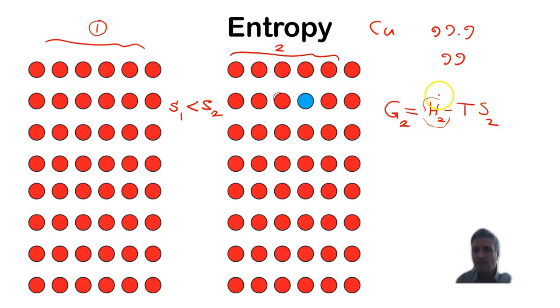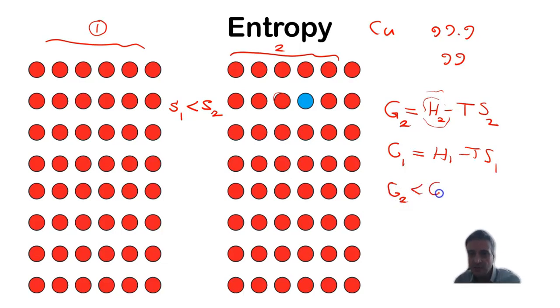But let's suppose that the change of enthalpy is not so high, so it doesn't affect the Gibbs free energy, which is true in several cases. In state 2, in comparison to state 1, the value of the Gibbs free energy in state 2 is lower than state 1.